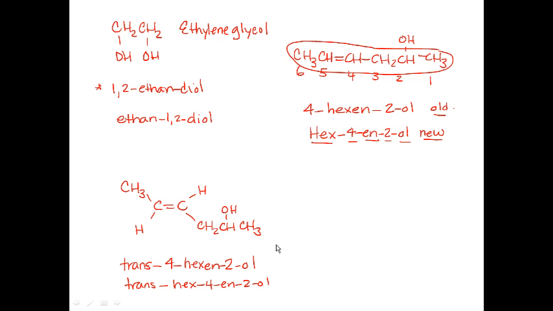For cyclic alcohols, they take precedence, and so wherever there's an OH group attached, that OH group automatically then gets the number 1 carbon position in the numbering scheme. And then you would go clockwise or counterclockwise in order to find the first substituent.